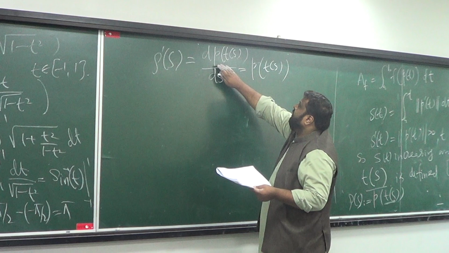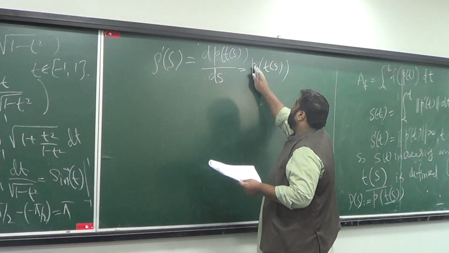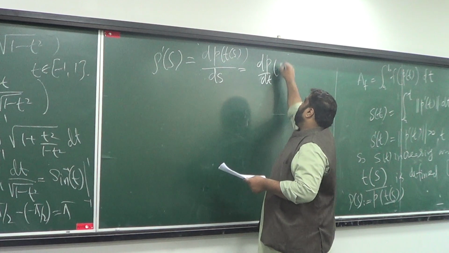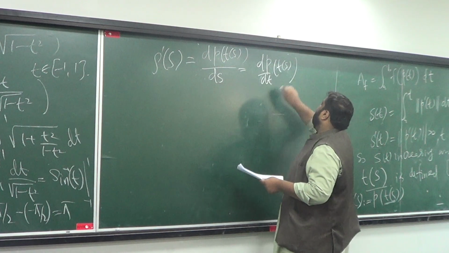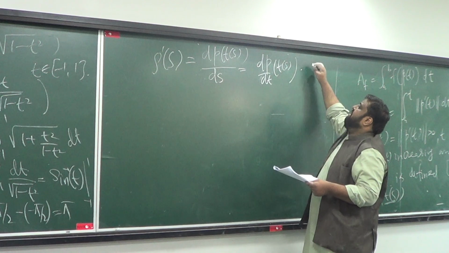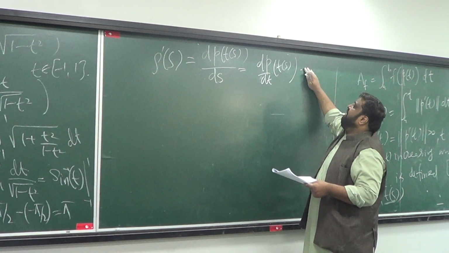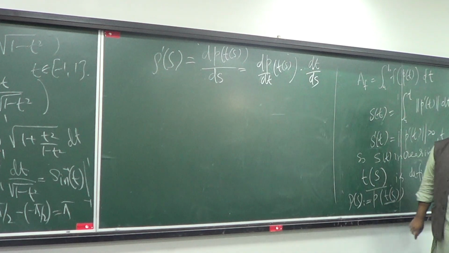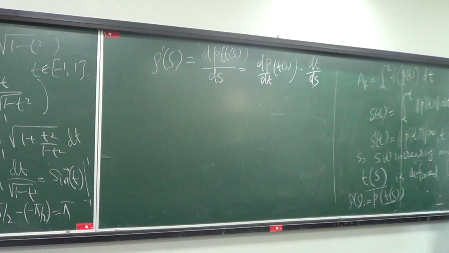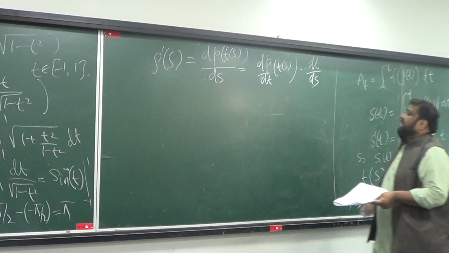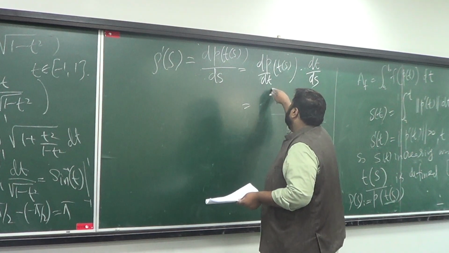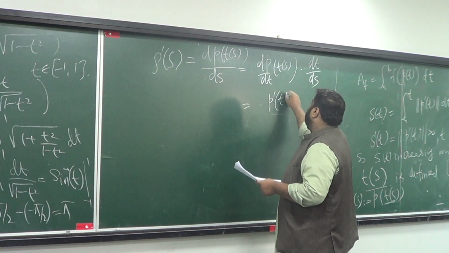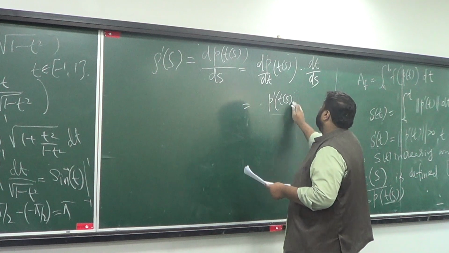You can also see that P depends directly on T, so this is the same as dP by dt, where P is a function of T of S, times dt by ds. Can I say this? It's one and the same thing. What is dp by dt? I can call it p prime of t of s.